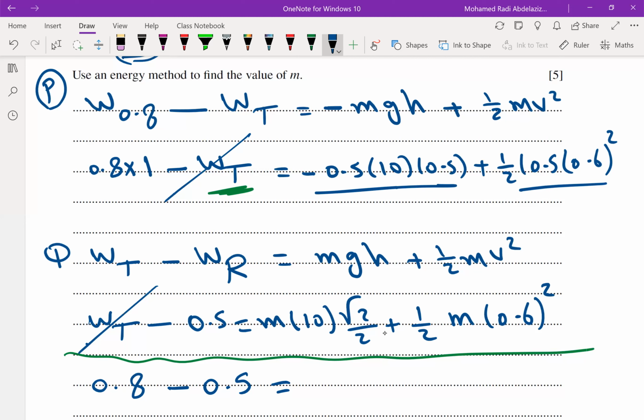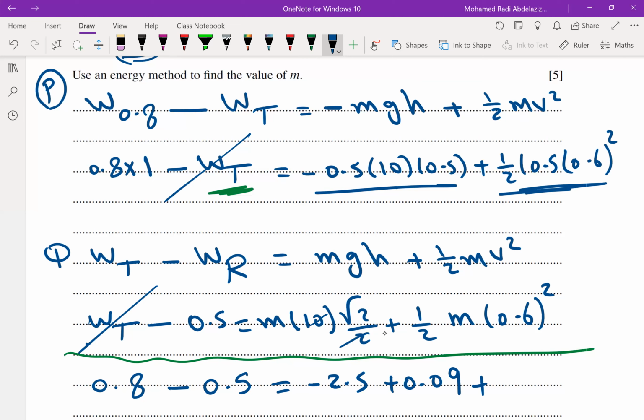So if we simplify only the first part, 0.5 multiplied by 10 multiplied by 0.5, the first part is -2.5. The second part, 0.5 multiplied by 0.5 multiplied by 0.6 squared, gives 0.09.